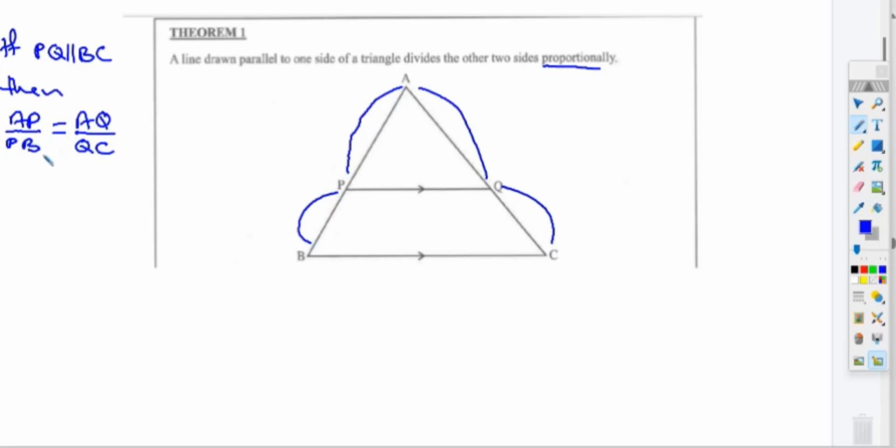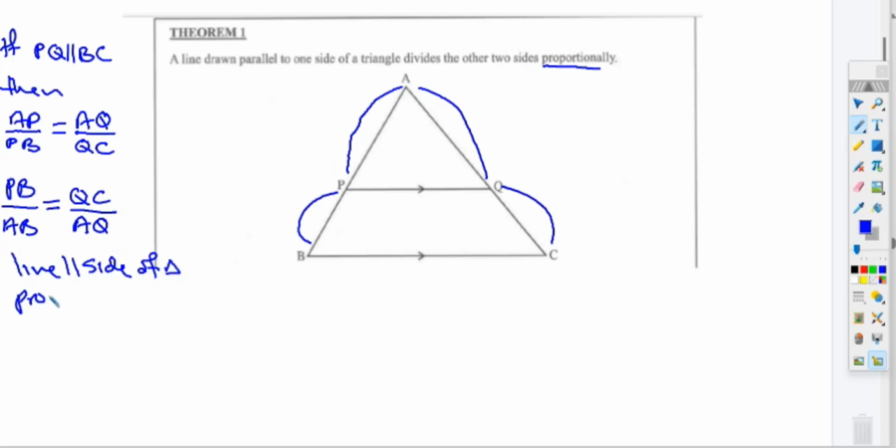This can be written upside down to have PB over AP will be equal to QC over AQ. And the reason that we give for that proportionality will be line parallel to side of triangle, or the short one, prop theorem.